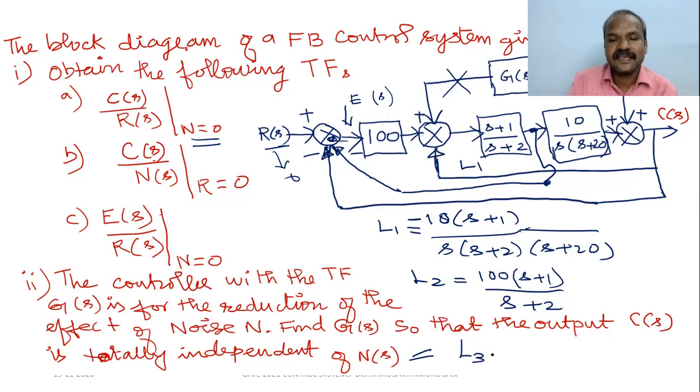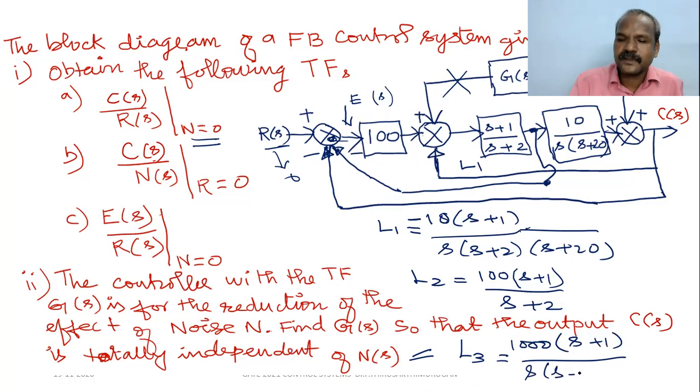Similarly, what is L3? L3 is this loop from 100 into S plus 1 by S plus 2 into this. This is loop 2. 100 into this divided by this, the entire thing is 1000 into S plus 1 divided by S into S plus 2 into S plus 20.